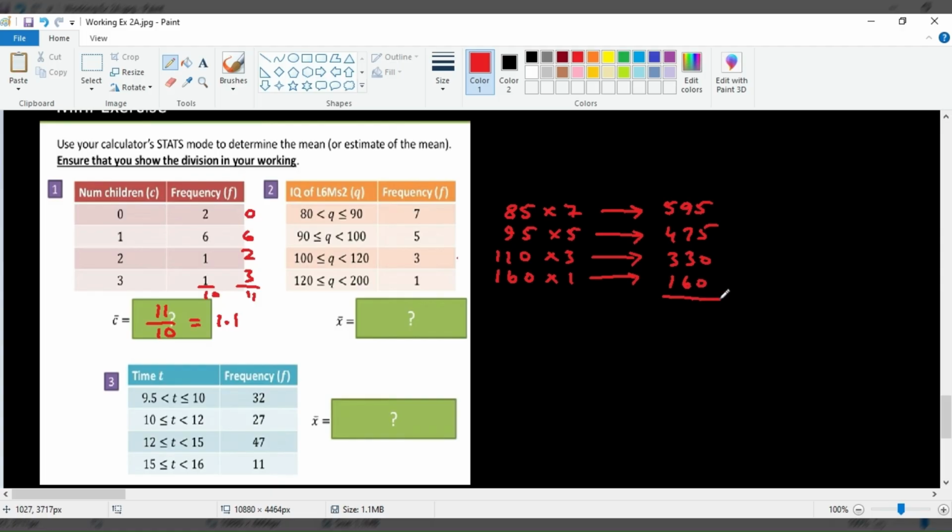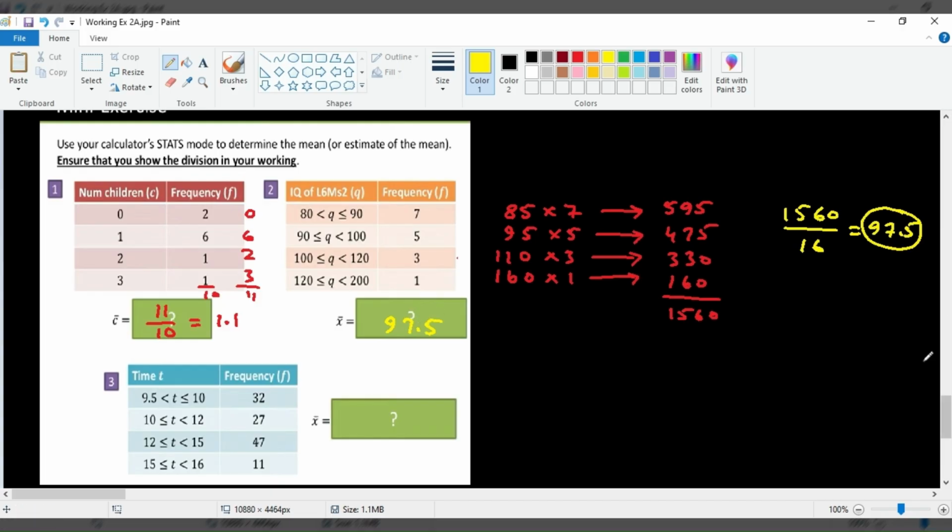So adding them together should give us 1560, and when you add all these numbers, it is going to give us 16. So 1560 divided by 16 should give you 97.5. So this is going to be our answer for the second part. So you should write here 97.5.